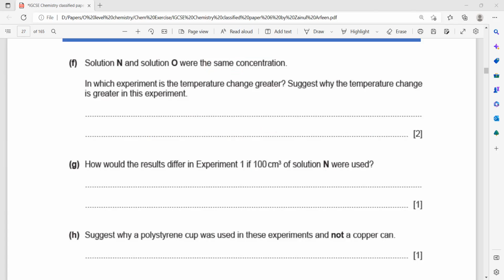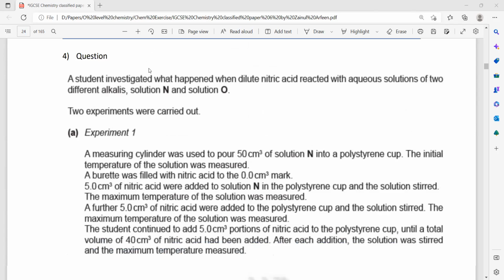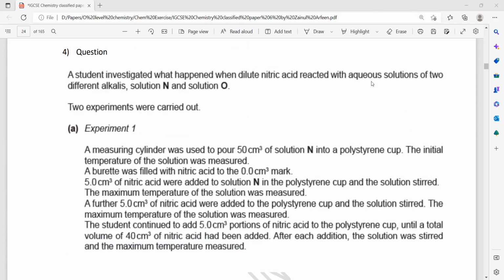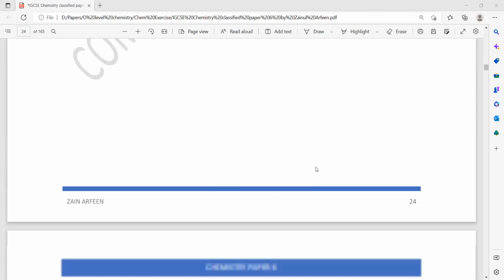Look, when you check the question, a student investigates what happened to nitric acid when it reacts with aqueous solutions of two different alkalis N and O, and he took 50 cm cube of N and poured it into a polystyrene cup, and then he reacted it with an acid.